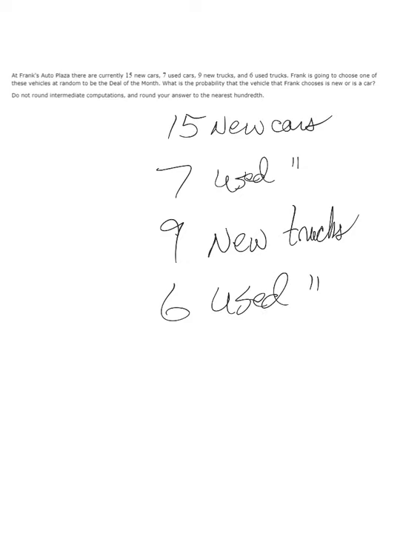Frank is going to choose one of these vehicles at random to be deal of the month. What is the probability that the vehicle Frank chooses is new or a car?